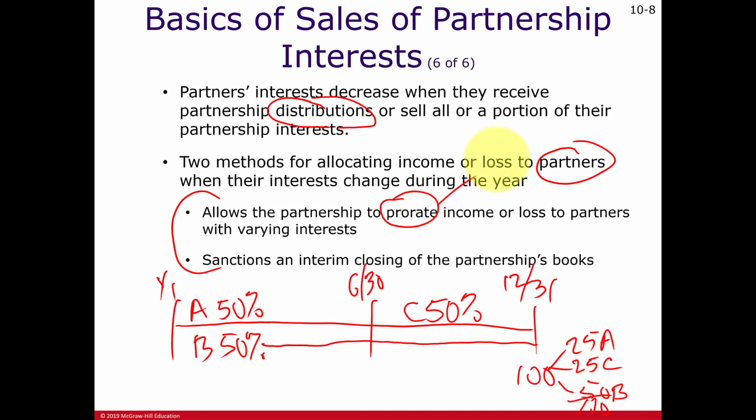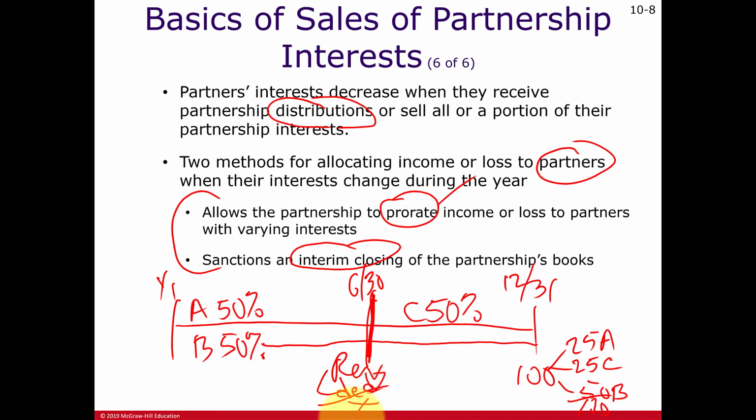That's the prorated method. Or you could actually have what they call interim closing. You close your books right here. You figure out how much revenue and how much deductions you have for that first half of the year.